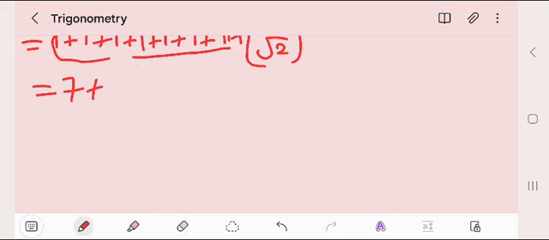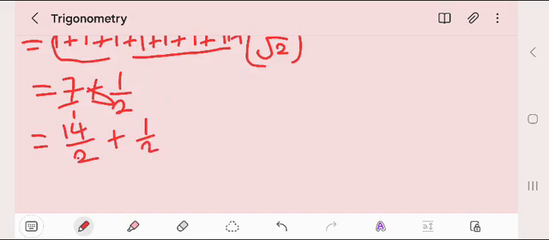Since here we have 1 over 2, you can say 7 over 1 and multiply, make the base to be the same. You simply have 7 times 2, you'll have 14. When you multiply there, we have 14 over 2 plus 1 over 2.